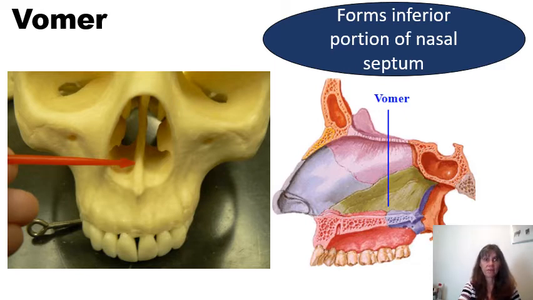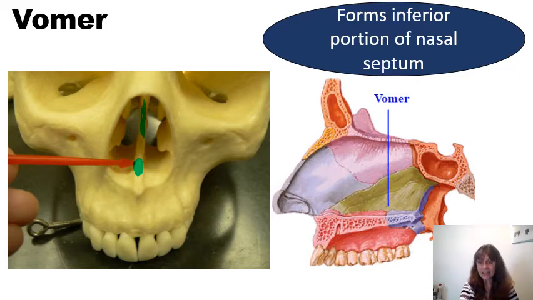Here we have the vomer. The vomer forms the inferior portion of the nasal septum. So you can see the vomer down here on this picture on the left. It's the inferior, approximately third of the nasal septum, and then the perpendicular plate of the ethmoid bone forms the superior portion of the nasal septum.